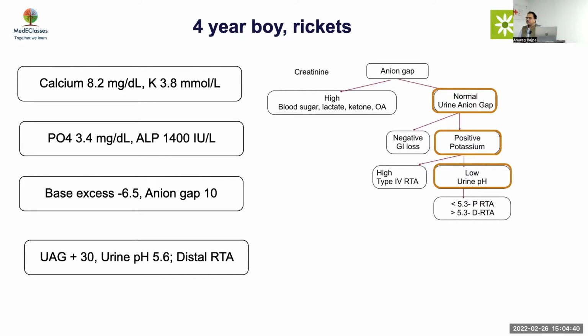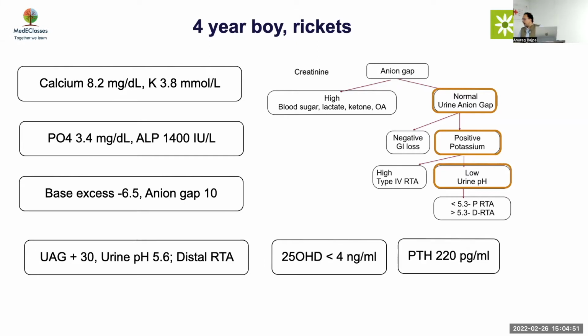Now, the pointer against rickets being primarily because of RTA is that the severity of RTA here is not that much. So what we looked at was that vitamin D levels were very low and the PTH was high. So this is a scenario in which you had low vitamin D with secondary hyperparathyroidism causing a Fanconi-like picture.